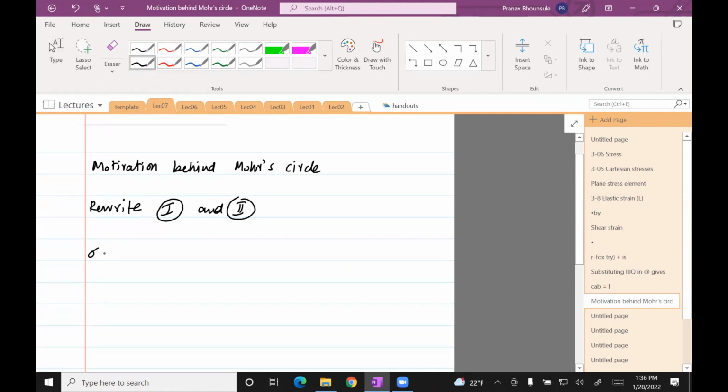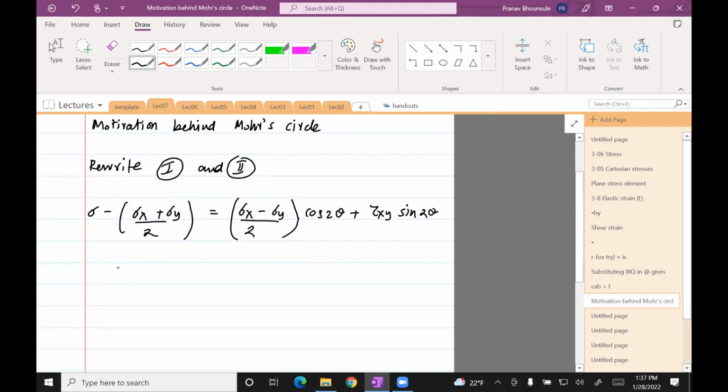I'll write 1 as sigma minus sigma x plus sigma y divided by 2 equals sigma x minus sigma y divided by 2 cosine 2 theta plus tau xy sine 2 theta. And then I keep the tau equation as it is. Tau equals minus sigma x minus sigma y divided by 2 sine of 2 theta plus tau xy cosine 2 theta.